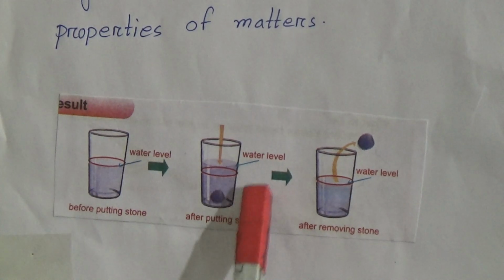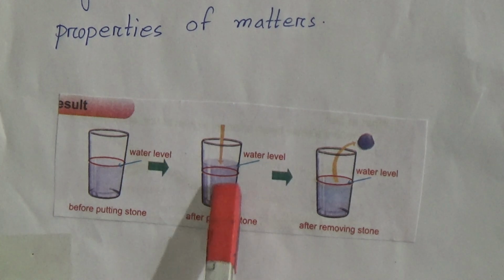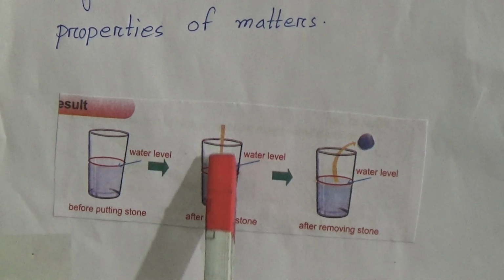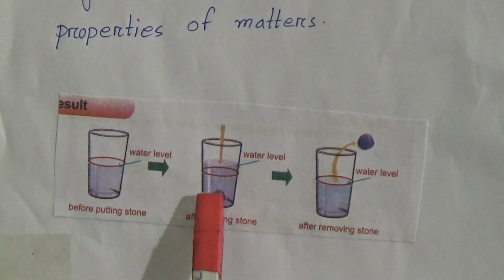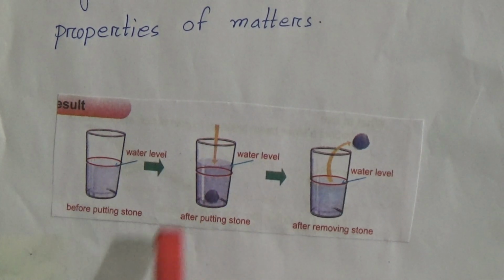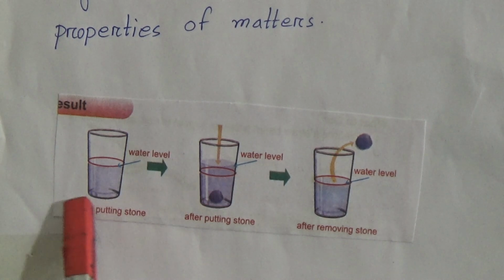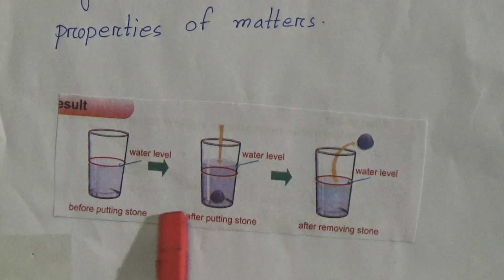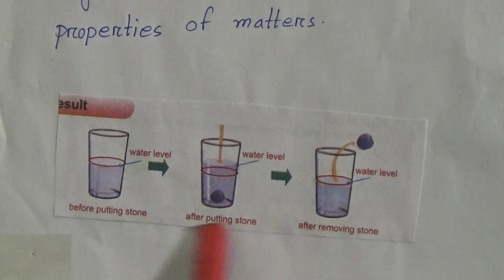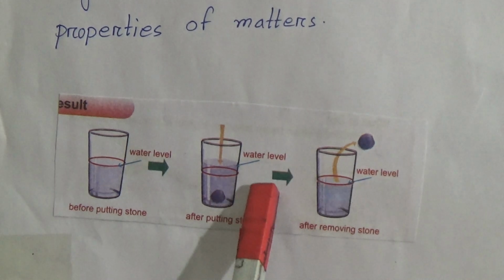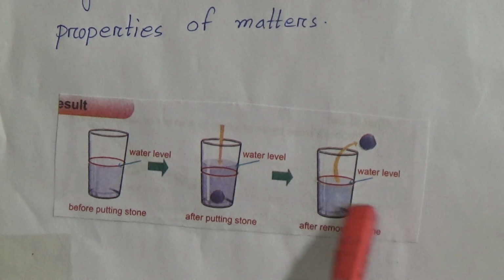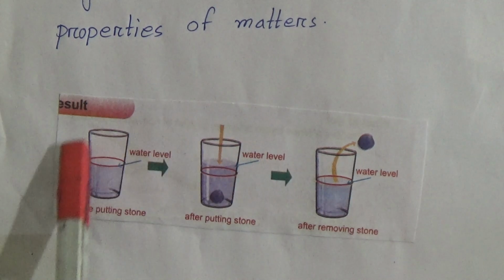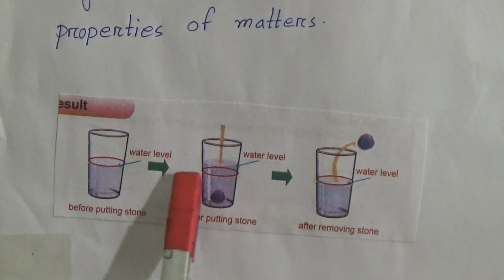After that we will throw a stone into this glass of water. Look here and observe what will happen. This is before putting the stone, and this picture is after putting the stone. Then we will remove this stone and observe all stages of the water.